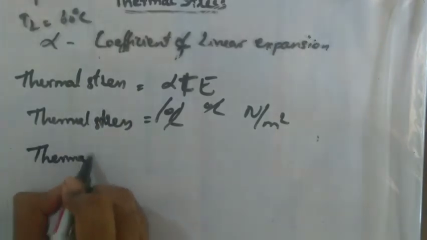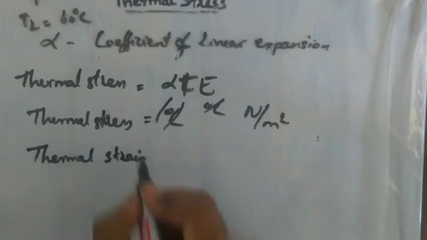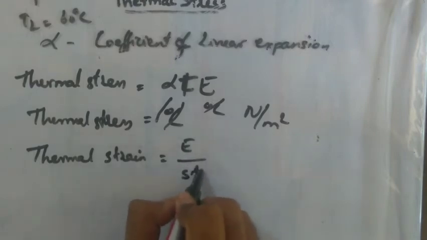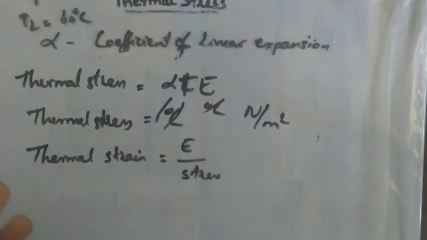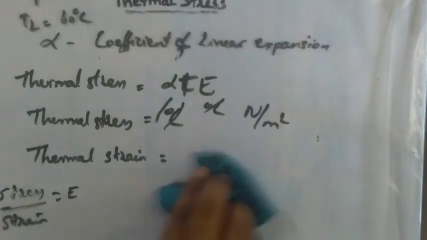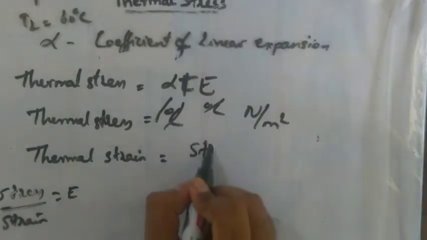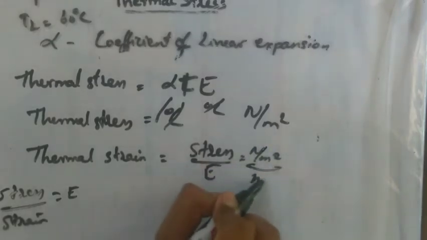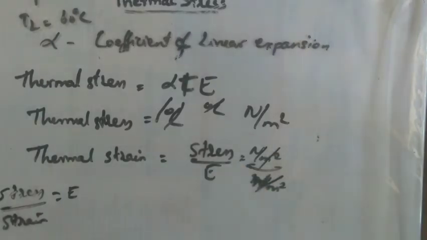Thermal strain is stress by E. Newton per meter square, Newton per meter square, both get cancelled and strain has no unit. Okay.